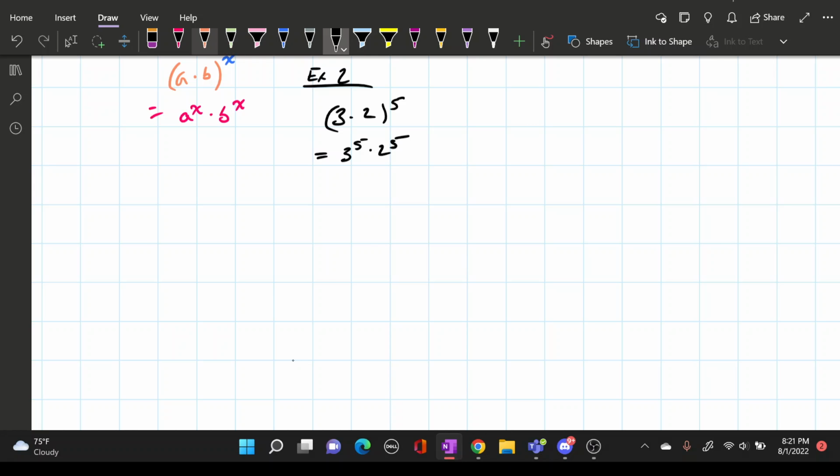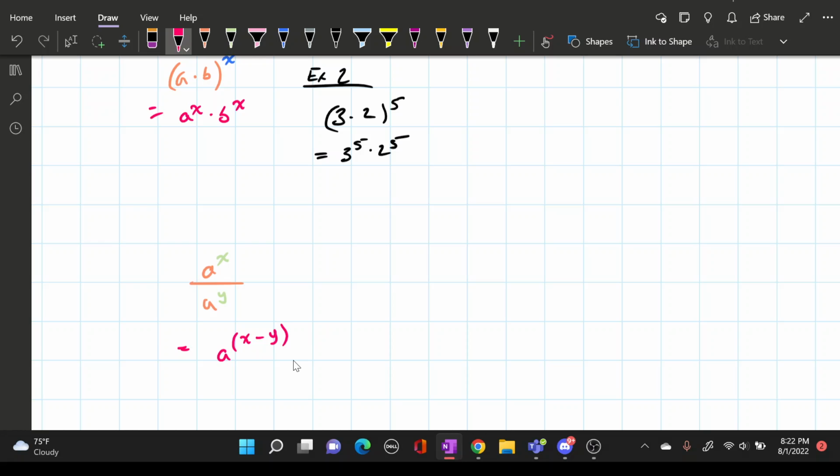I think this will be our last rule for today. If we have the same base, but different exponents in something that looks like this, what do we do here? Sorry, we want same base here, so let me write same base. This can turn into a to the numerator minus denominator.